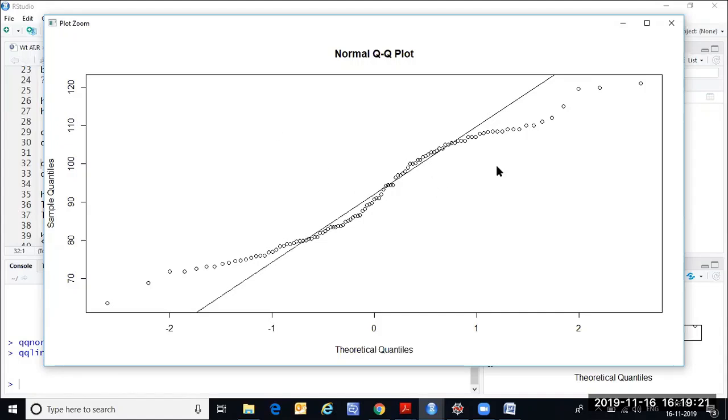How much of the data is falling exactly on the line? Very little data is falling exactly on the line, right? Even in the IQR region, the data is deviating a little from the reference line. So we cannot really say that the data is following normality.